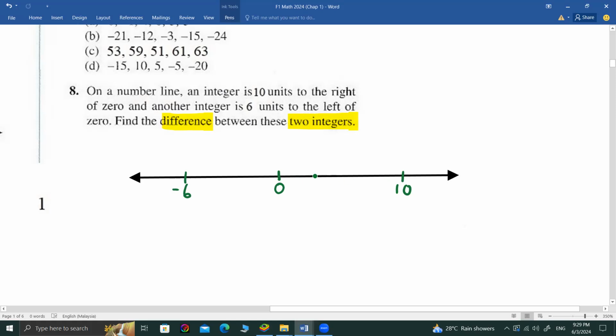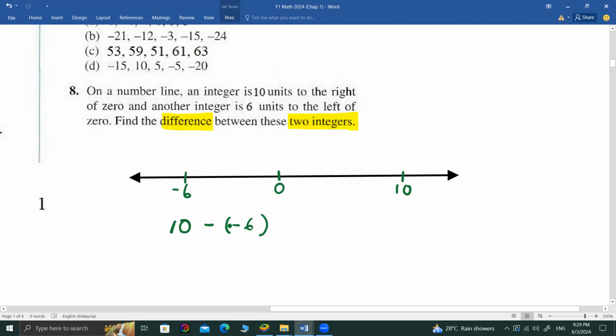Here, how many units? 10. Here, how many units? 6. So to get the difference, learn from now, class. Big number, is it 10? Minus smaller number, is it 6? Learn here.